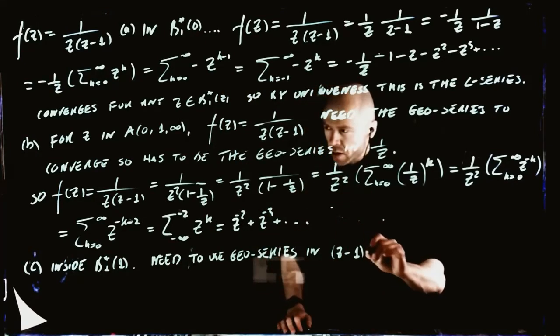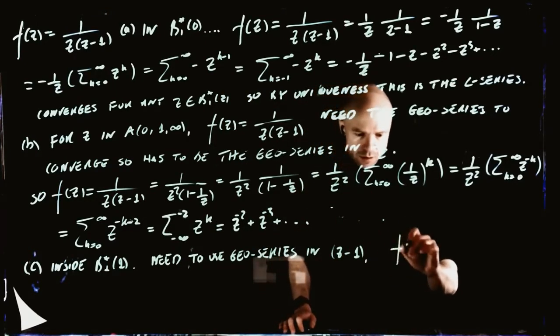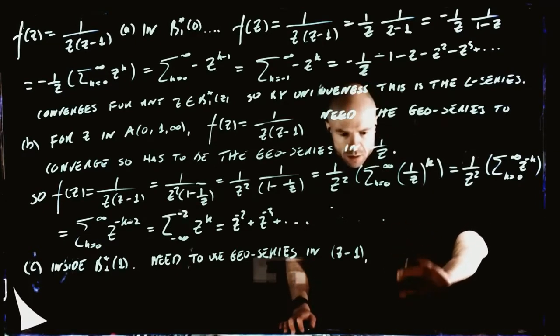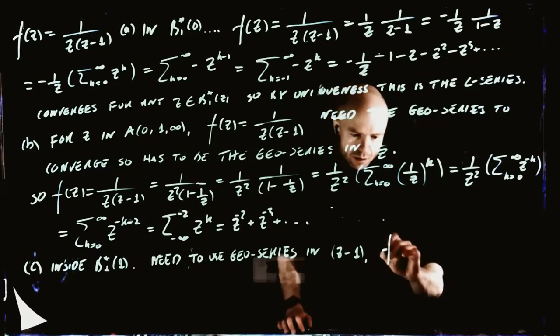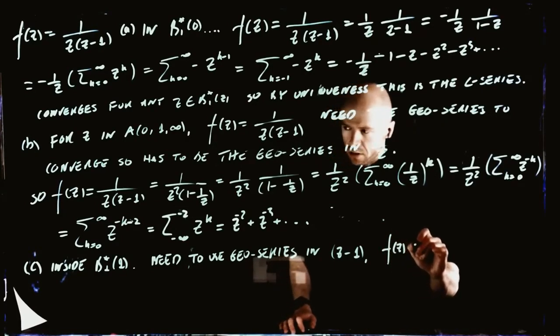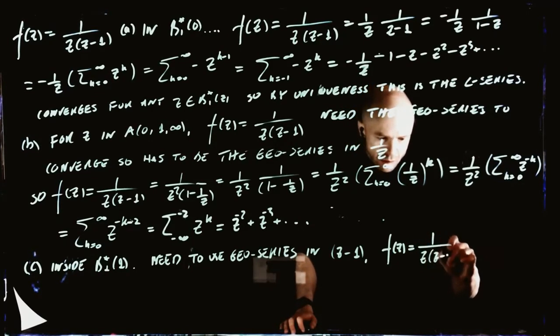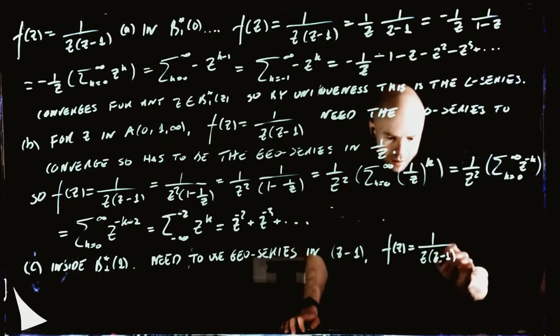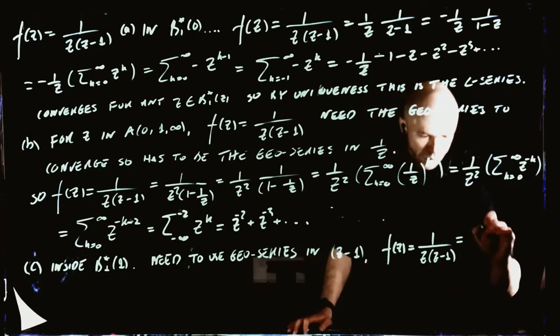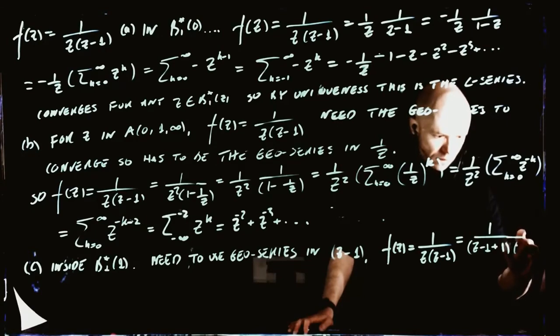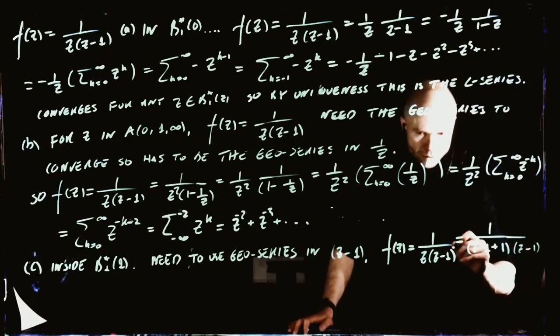So we have to do some algebra to turn this into this thing. F of z is equal to this. And what is this? Let's write this like this. Z minus 1, z plus 1 like this, and then z minus 1 like this, right?